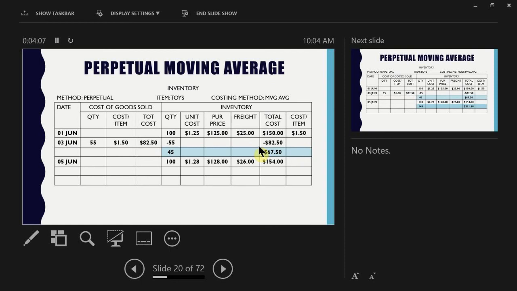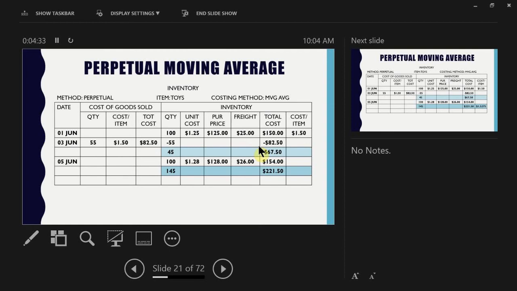Now here's the question. You can choose to calculate the cost per item, but it wouldn't benefit you at all. It would just be an extra calculation that you didn't have to do. Instead, now that we have our 45 and our 100, we add those two together.